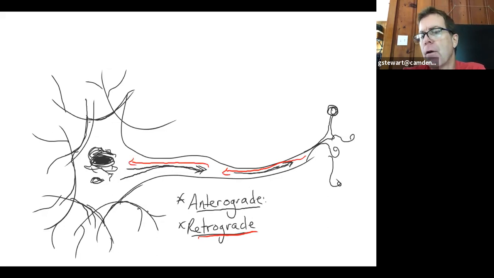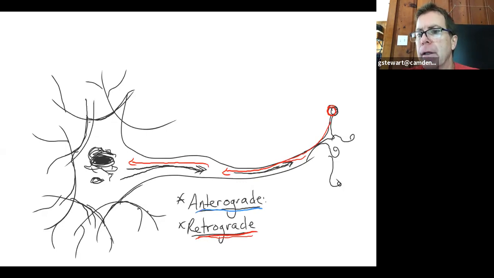And the neuron can use retrograde flow when something down here needs to be recycled, for example, or reused to make more raw material, or just waste material from the assembly process can be sent back to the cell body where lysosomes, for example, could break that material down. So these two terms, anterograde and retrograde, refer to the flow of material, directional terms along the axon.